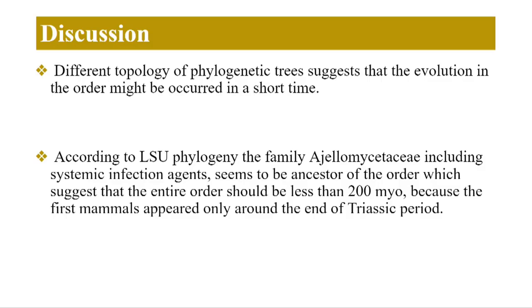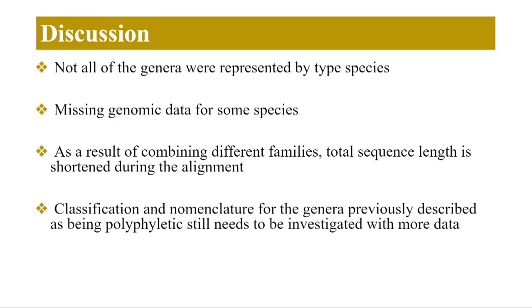So we can say the different topology of the phylogenetic trees suggests that the evolution in the order occurred in a very short time. And as I showed, according to LSU phylogeny, the Ajellomycetaceae is at the bottom. So it suggests it might be the ancestor of the order, which is not very believable. So we need to work on it.